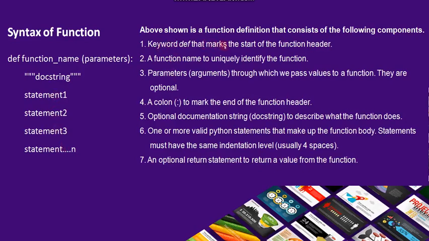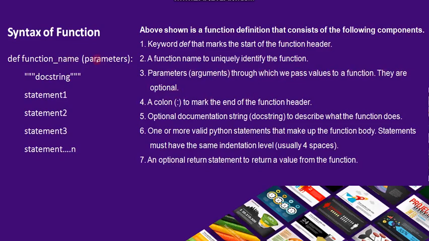Let's see the explanation. The keyword def marks the start of the function header. This first line of the function declaration is known as the function header. A function name uniquely identifies the function; the function name also needs to be specified in the function header. Third, parameters or arguments, through which we pass values to a function, are optional.